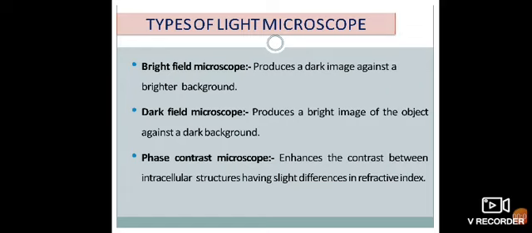Okay, so we are discussing the third type of light microscope, that is the phase contrast microscope. Taking all those three points into consideration, the phase contrast microscope is the most widely used nowadays for different types of purposes.